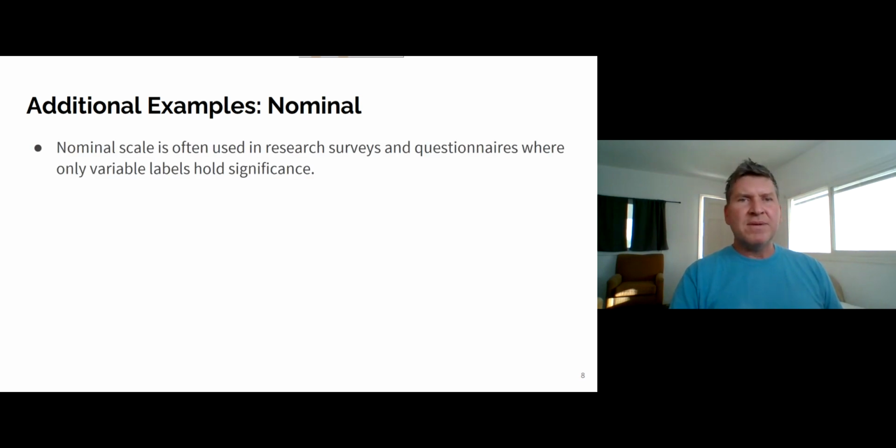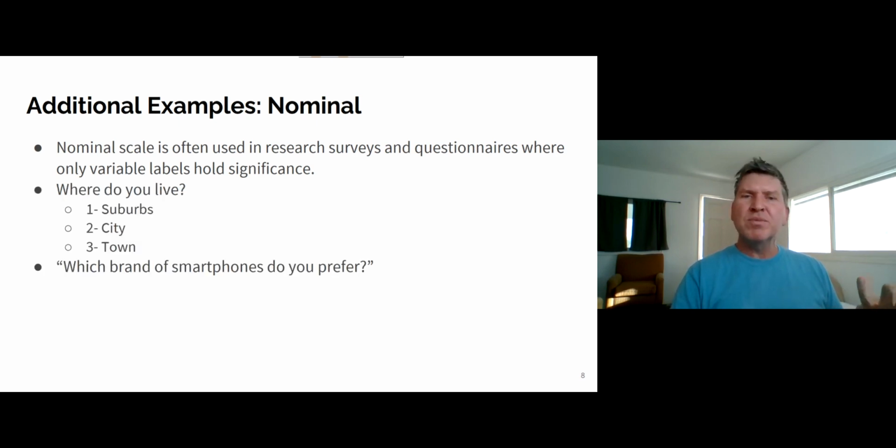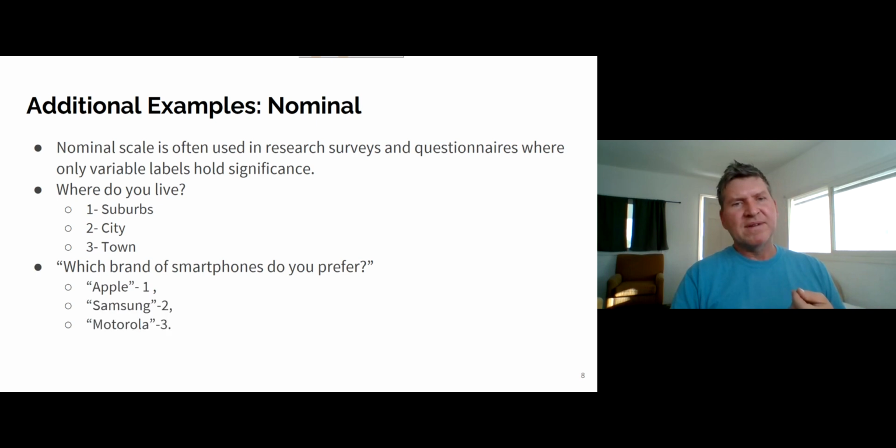With nominal, it's used in research surveys and questionnaires where only the labels hold significance. Where do you live? Which brand of smartphone do you prefer? In this example, we can't assign any kind of order to where they live.